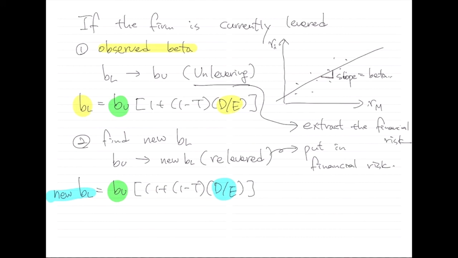And finally, find the new cost of equity using CAPM. So when the firm is currently levered, you can calculate the new levered beta and new cost of equity using this process.